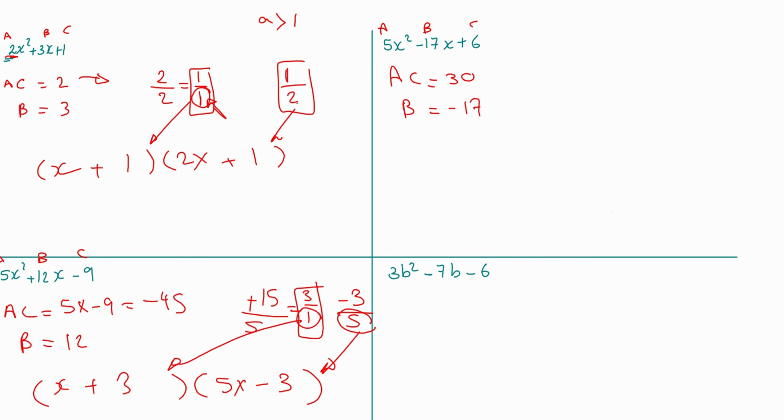Now we will look for two numbers whose product is 30 and whose sum is negative 17. Yes, 15 and 2, but here both of them are negative: negative 15 and negative 2. Why? Because when we multiply negative 15 times negative 2, the result is 30, and when we add them, the result is negative 17.